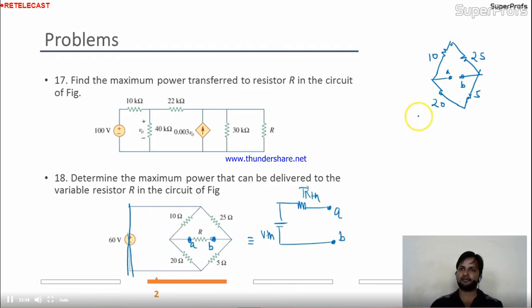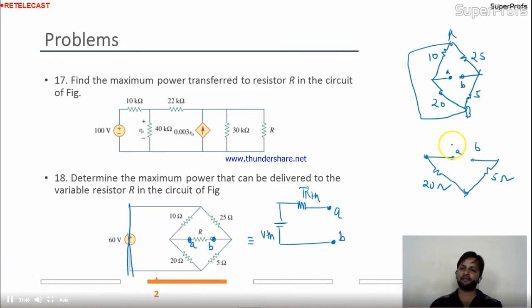These 2 points are short circuited like this. Short circuited means this point and this point both are the same thing. Take this is A and this B, both are same. Same means I can redraw this circuit like A, B, here I am having 20 ohm, here I am having 5 ohm.